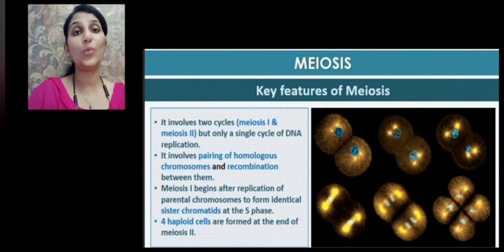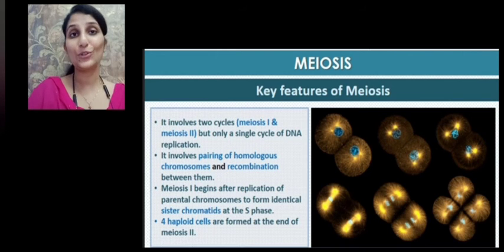Meiosis 1 begins after replication of parental chromosomes to form identical daughter chromatids at the S phase. We know that during interphase at the S phase, the DNA gets replicated to form identical daughter chromatids. That is the only DNA replication which takes place, even though there are two cycles. At the end of meiosis 2, four haploid daughter cells are formed.